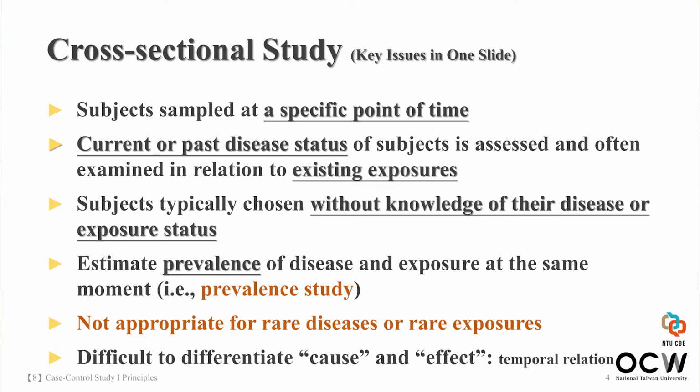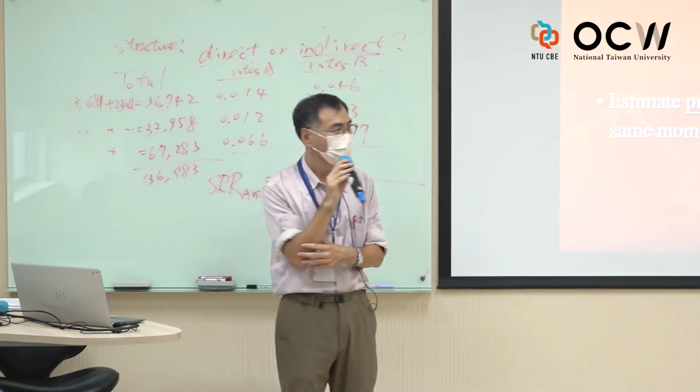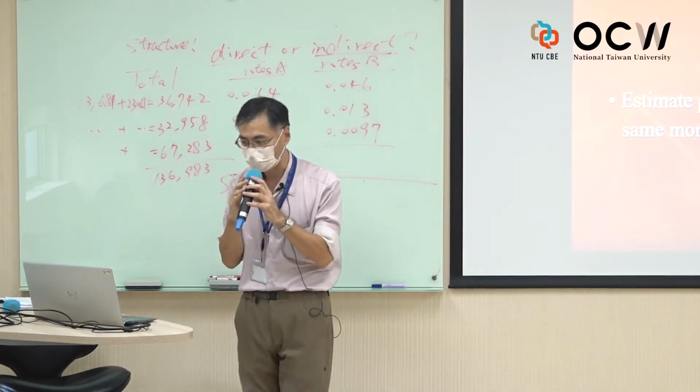And then we measure the exposure level at the same moment. So sometimes it's called a prevalence study, because we have the number of people in the community, right? So it's possible to calculate the prevalence.